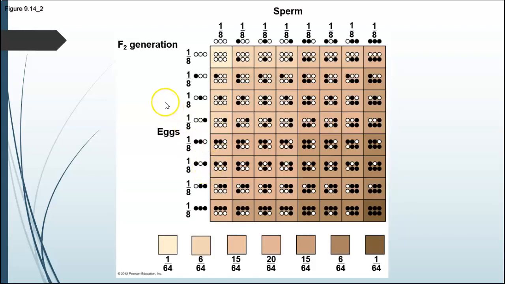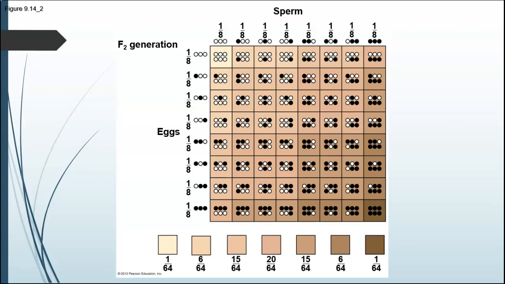There are a lot of different combinations, as you can see when you look around at the population of people that you know, from very, very light skin color to very, very dark skin color, and all different combinations in between. It's based on how many copies of the dominant dark alleles they have.